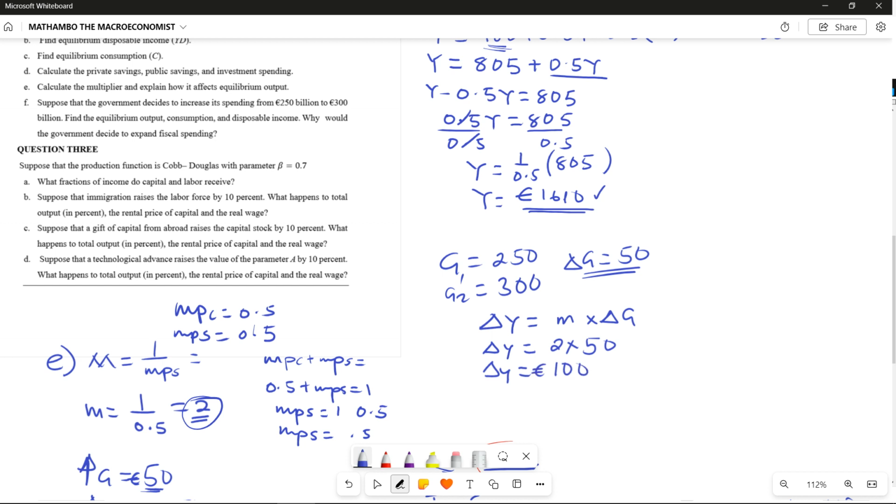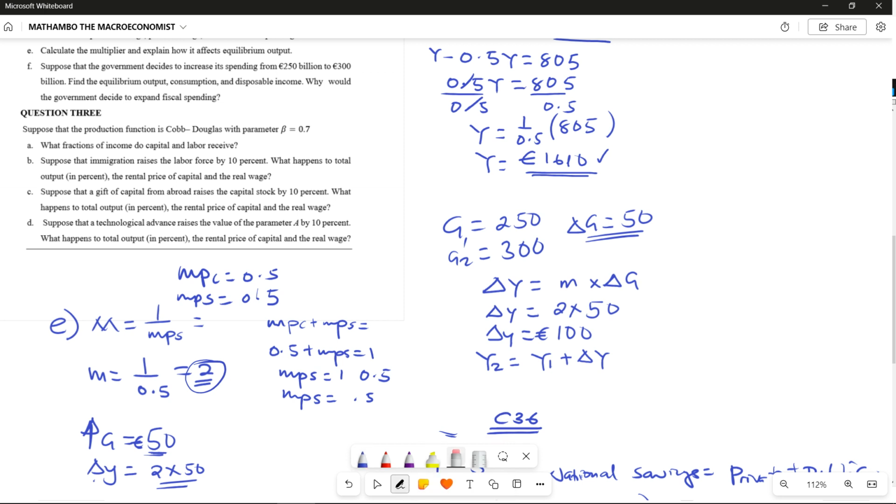So our Y2 will be Y1 plus the change in Y. Our Y1 was 1610, plus the change in Y, which is 100, giving us Y2 equal to 1710 euros.